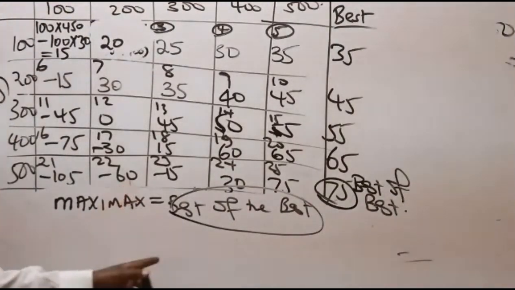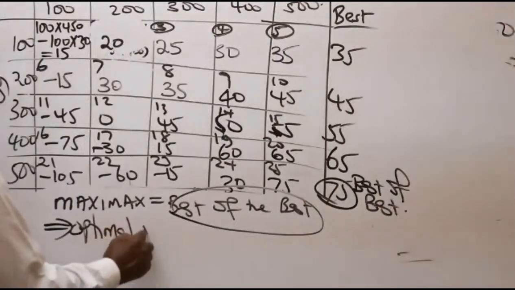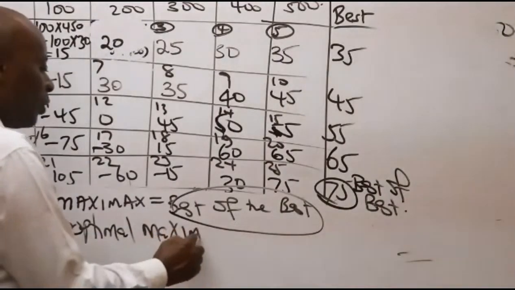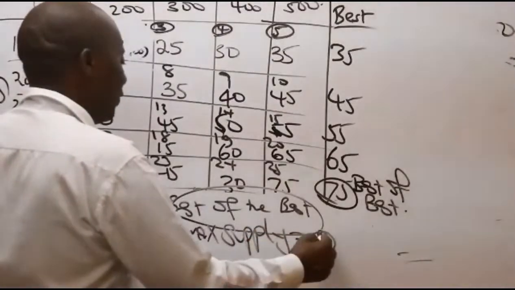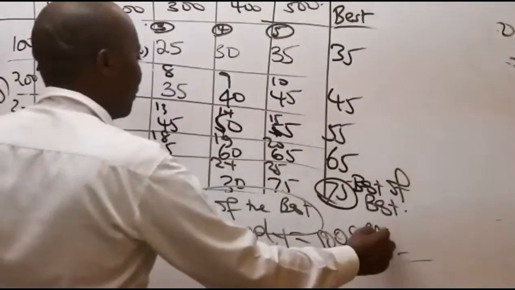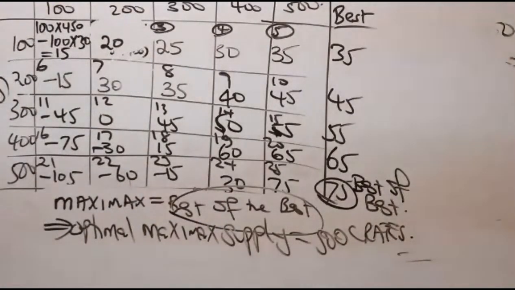And if that is the case, then we are advising these people to supply. So the optimal maxi-maxi supply equals 500 crates.